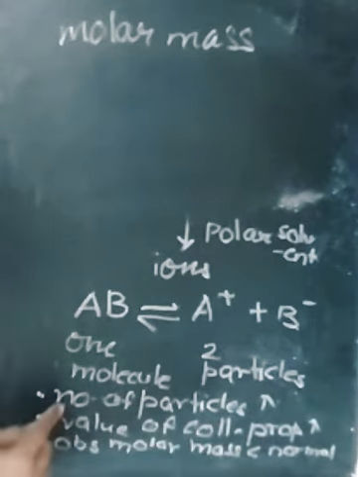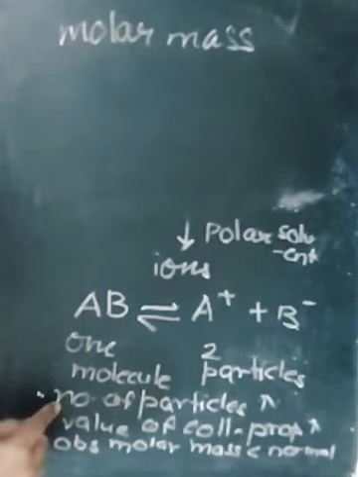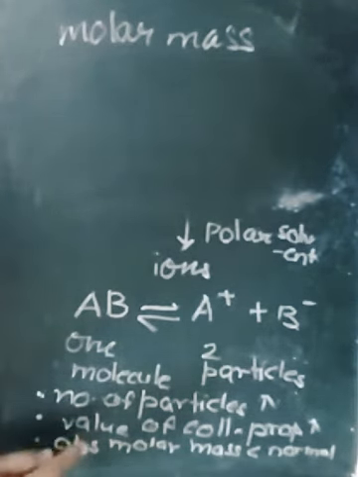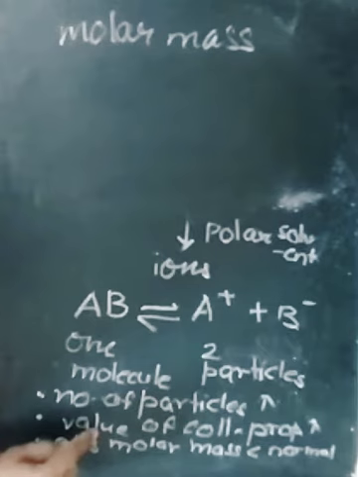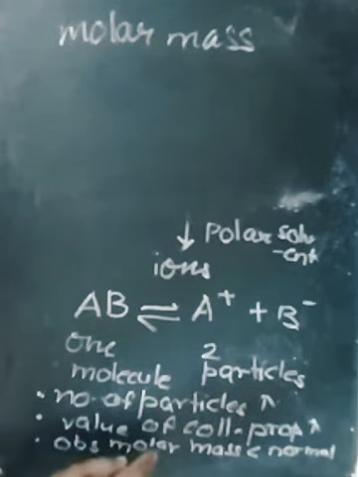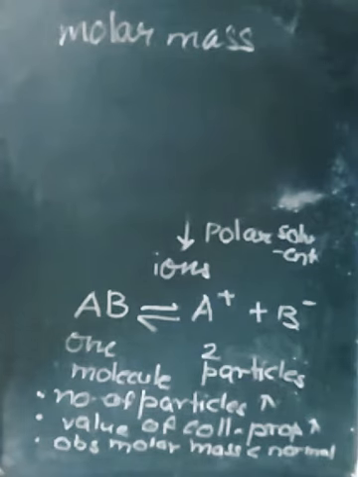We know that colligative properties are directly proportional to the number of particles, and the value of colligative properties is inversely proportional to the molar mass. This we have already discussed in our last lecture. Now let us see examples.